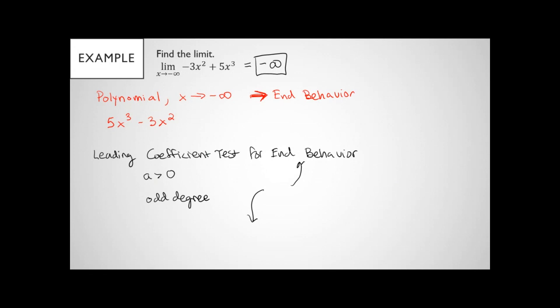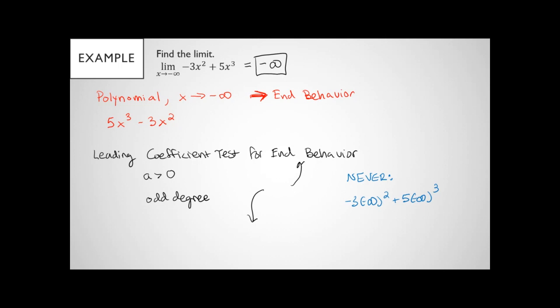One thing you never want to do is actually plug infinity into an equation. Never do anything like this where you're plugging infinity or negative infinity into an equation. We can't do that.